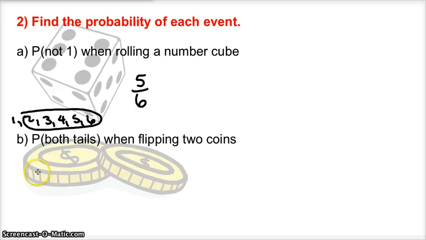The probability of flipping both tails when flipping 2 coins. Well, thinking about our possibilities, you could flip 2 heads, a head and a tail, tails and heads, or 2 tails. So the probability of flipping both tails, well, there's 1 out of 4 chances.